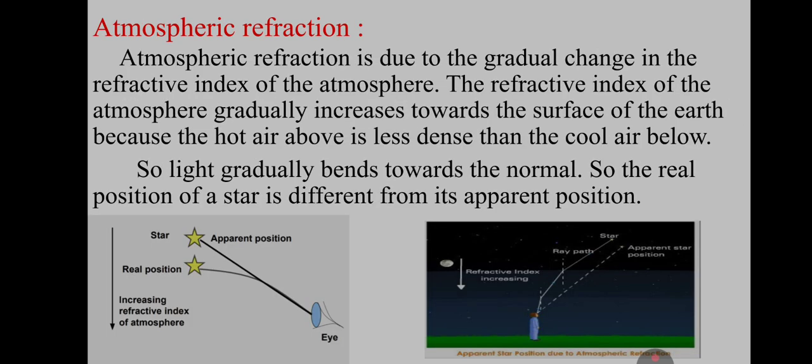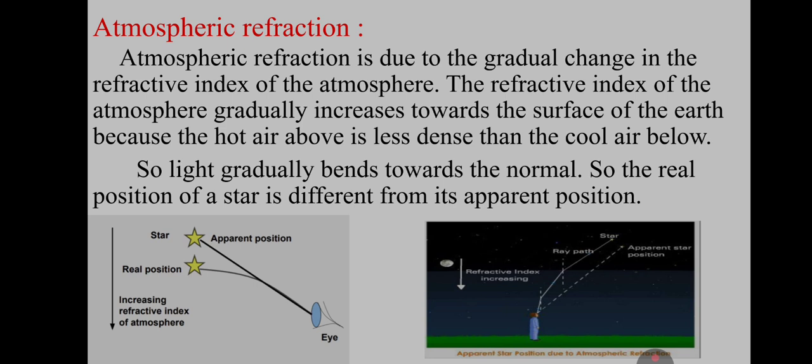atmospheric refraction. If you completely know this atmospheric refraction, then we can know all the remaining concepts of this chapter. As you already studied, refraction is the bending of light when it passes from one medium to another medium; it bends towards the normal. But here we are going to study atmospheric refraction. What is meant by atmospheric refraction?